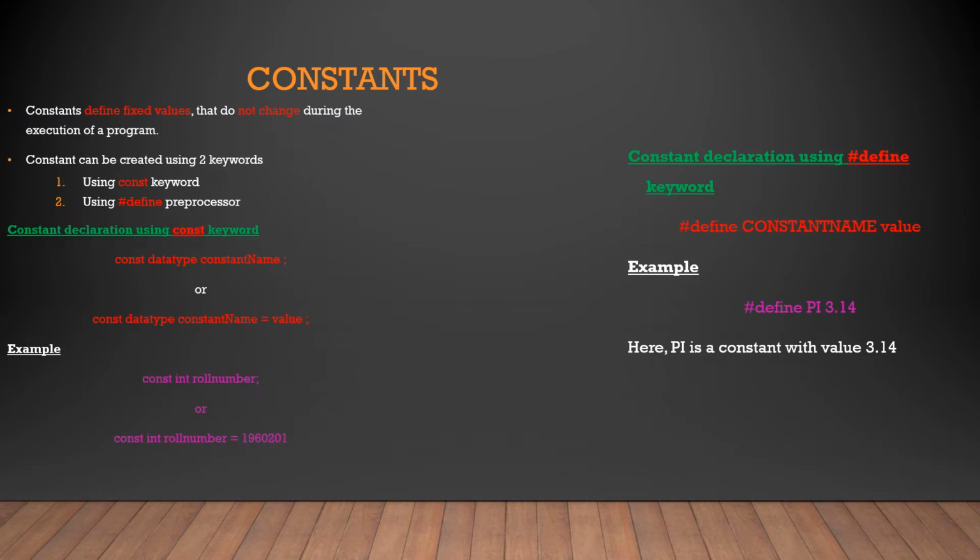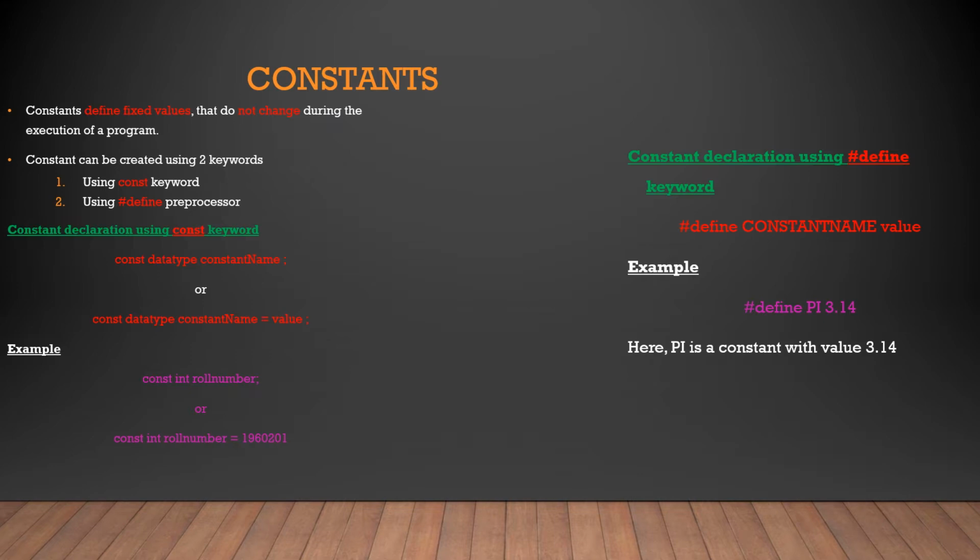For example, it begins with the preprocessor directive symbol hash. #define, define is a built-in keyword we are using. You are defining the constant value. What is that constant name? We have taken PI. #define PI, you are giving the value as 3.14.